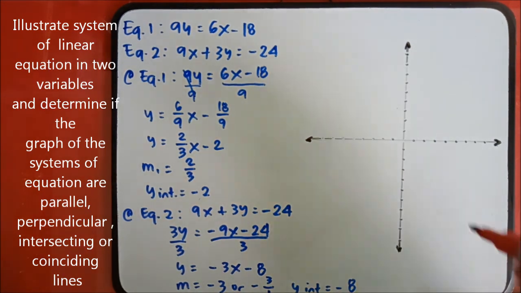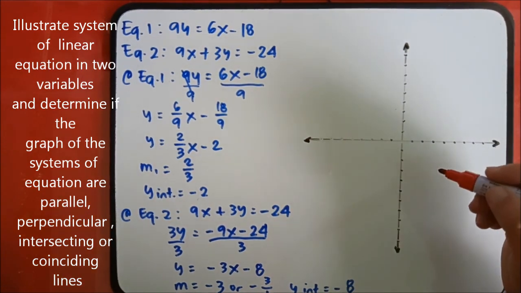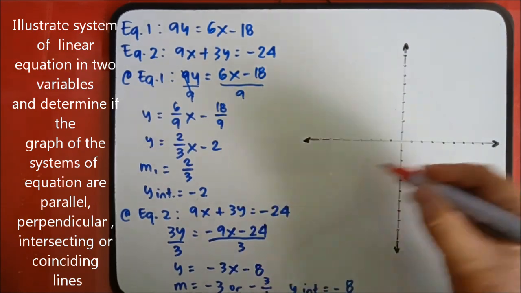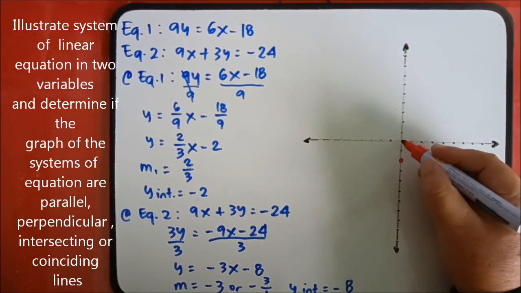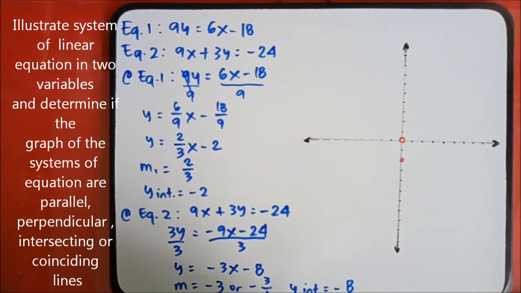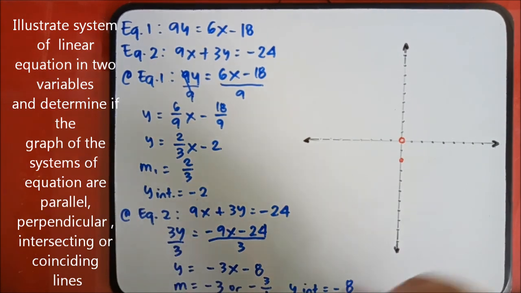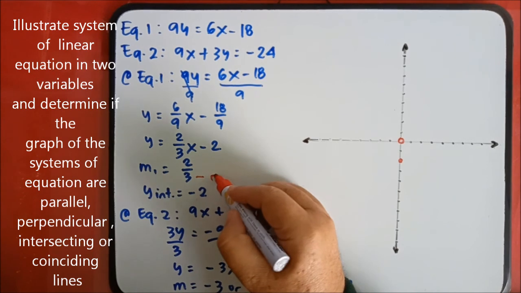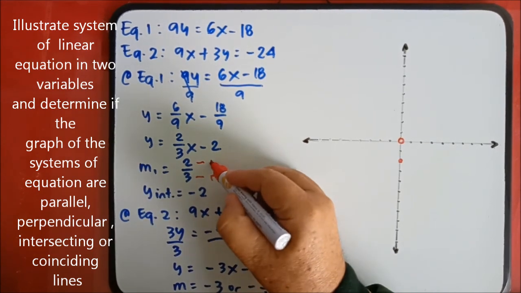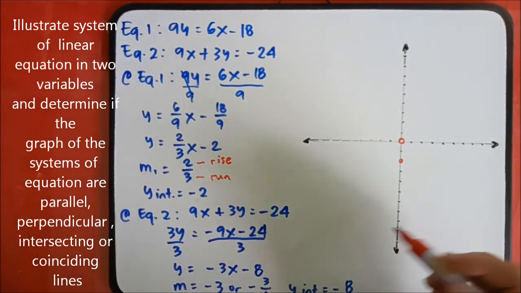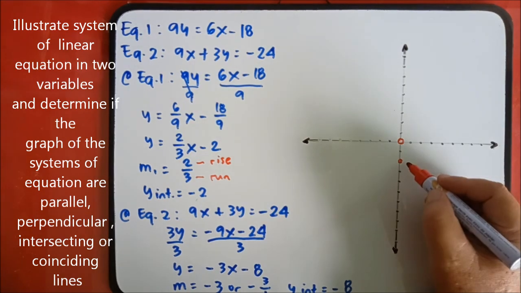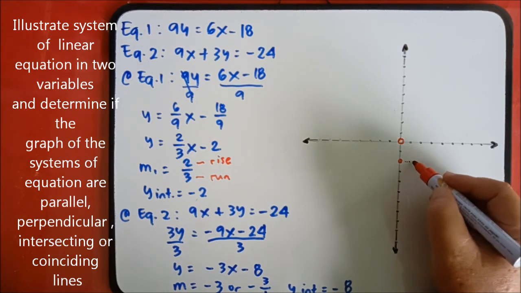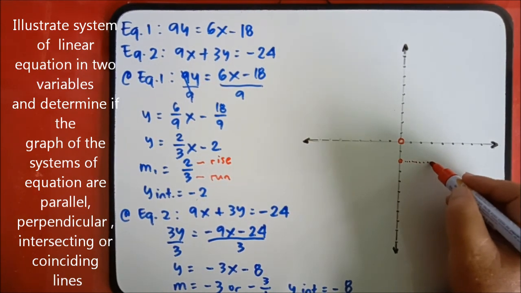For our equation number 1, what is our y-intercept? -2. So it should be below 0. Okay. What is our slope? Our run is 3. This is the run, this is the rise. Our run is 3: 1, 2, 3.